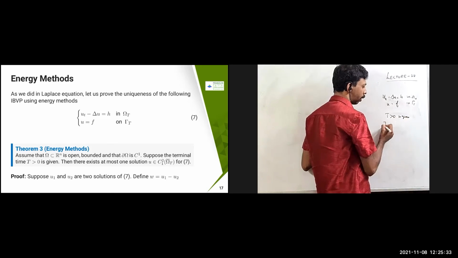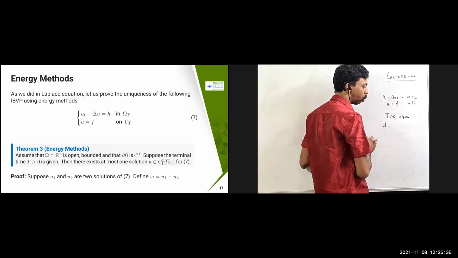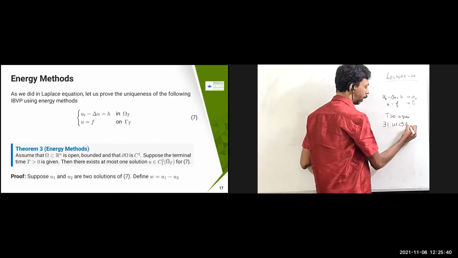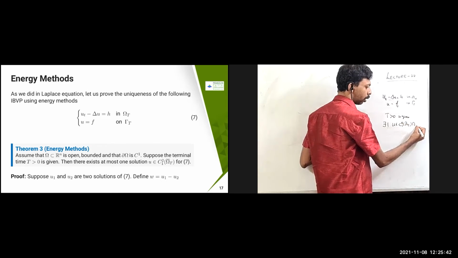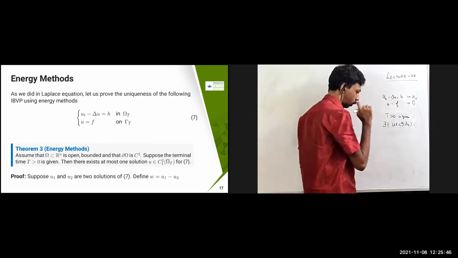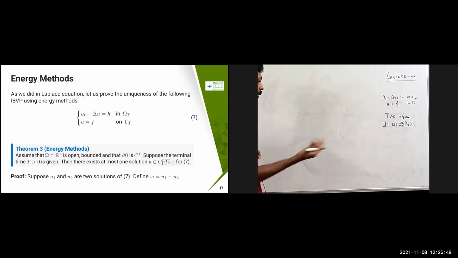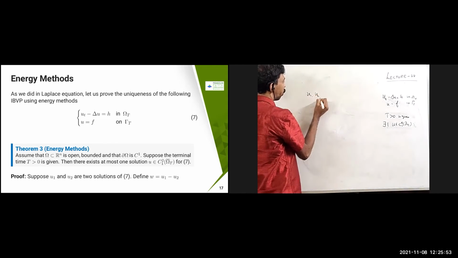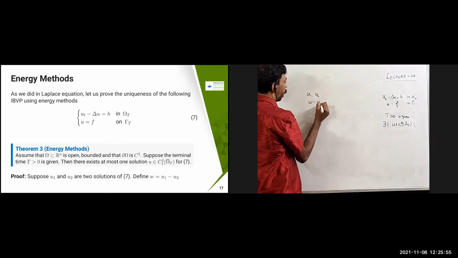Then there exists a unique solution, at most one solution, u belonging to C^2_1 of Ω_T bar, for this equation. To prove uniqueness, assume there are two solutions, u1 and u2. Then define w equal to u1 minus u2.